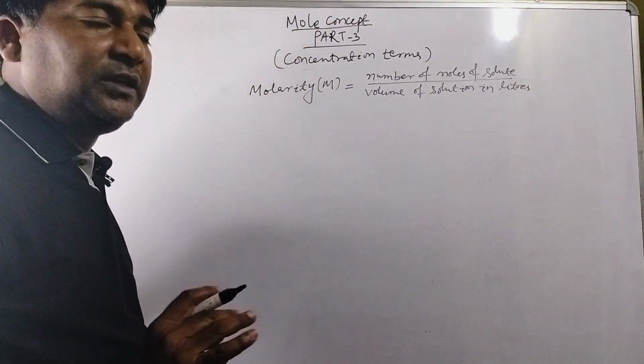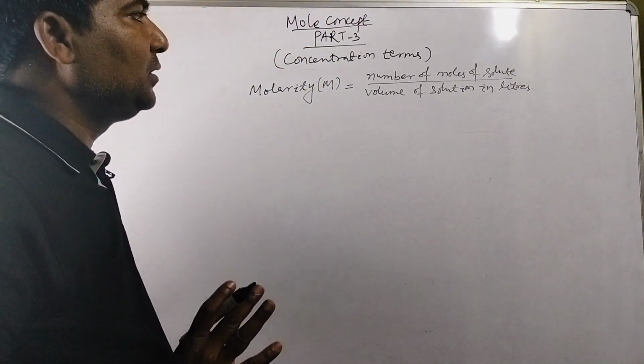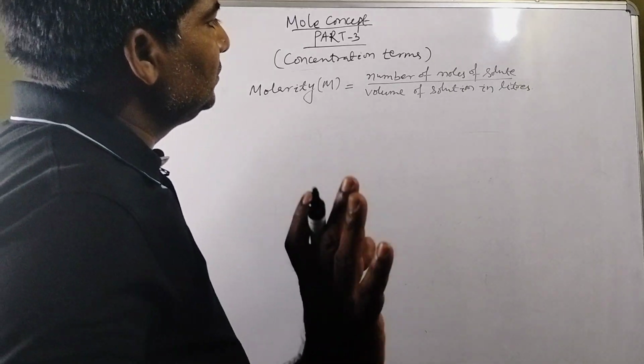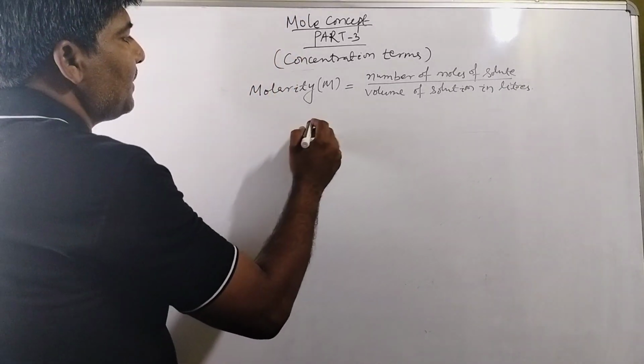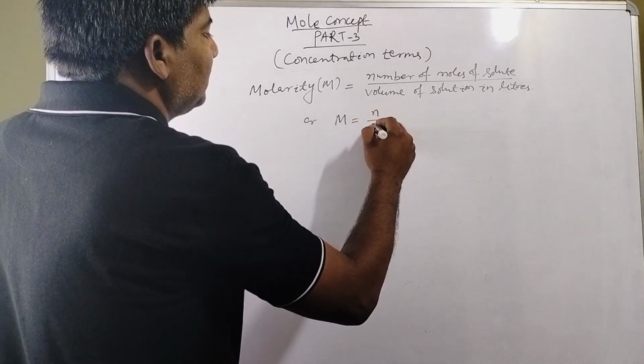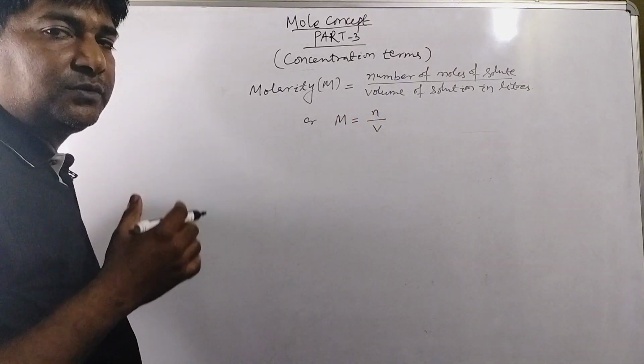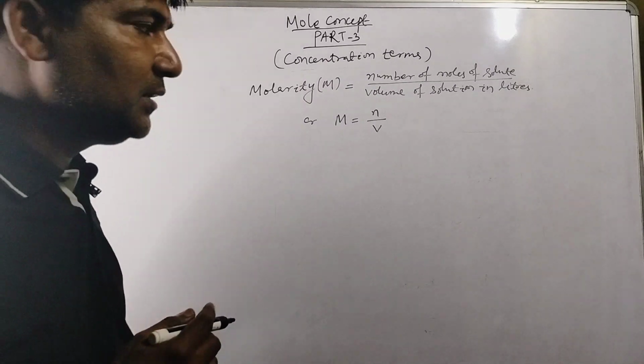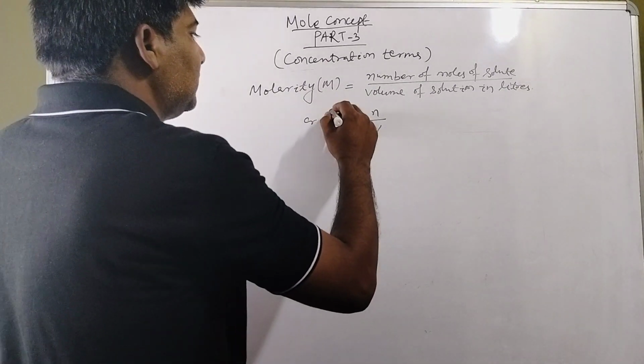Sometimes the volume is given in milliliters, so you have to convert the volume into liters. Or we can write briefly M is equal to N by V. N is the number of moles of solute and V is the volume of solution in liters.